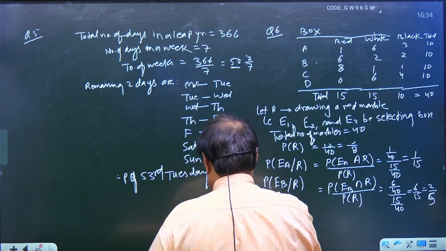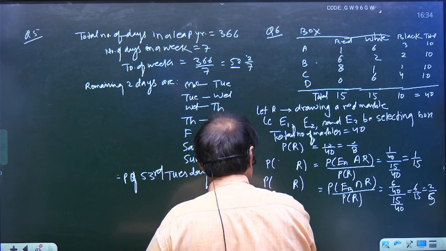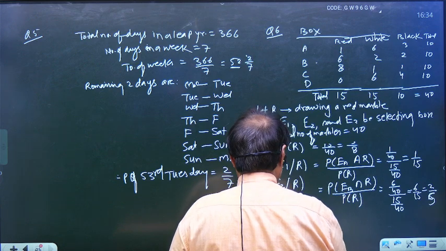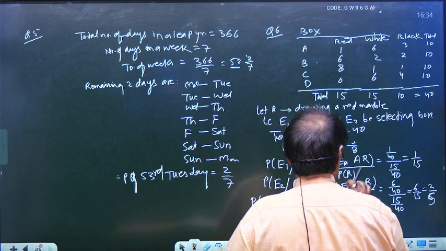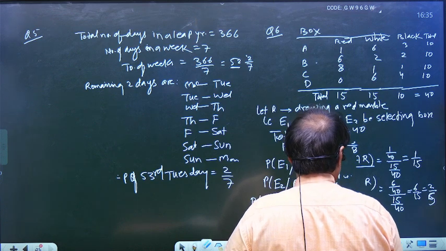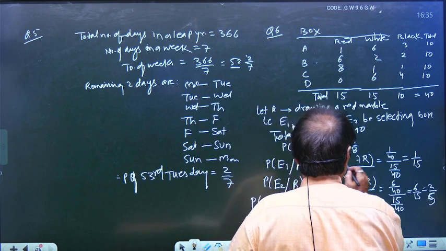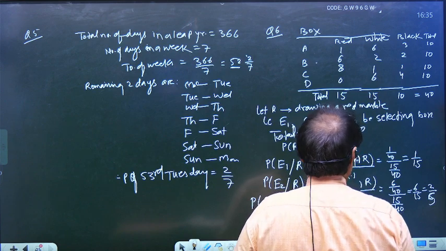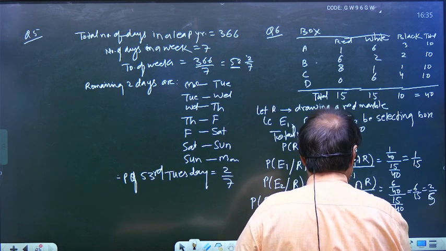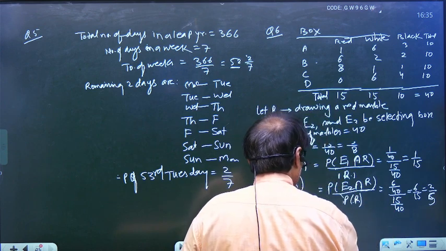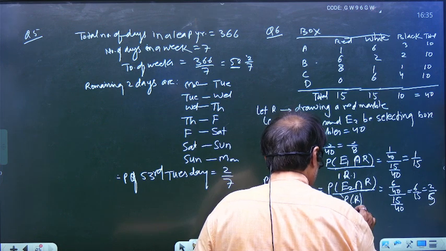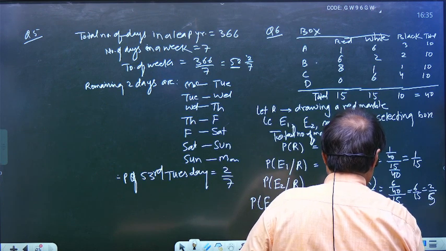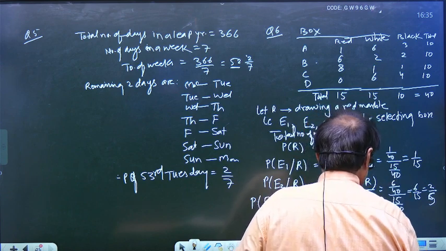So probability of E1 given R, probability of E2 given R, and probability of E3 given R. In the same way, you will write probability of E1 intersection R upon probability of R, probability of E2 intersection R upon probability of R, and probability of E3 intersection R upon probability of R. In the third box, 8 red balls are there, so 8 by 40, and total red balls is 15 by 40.